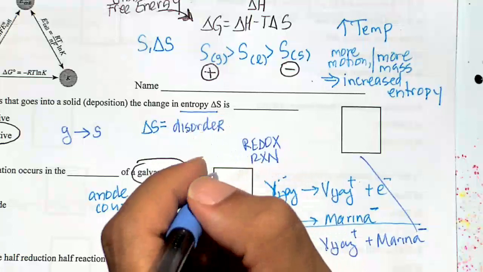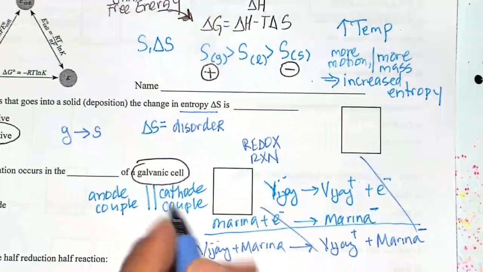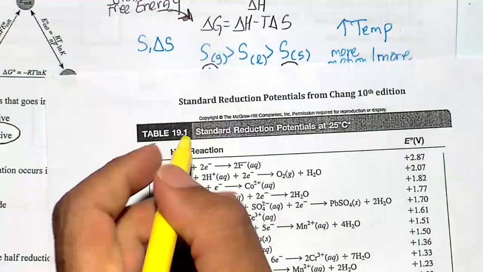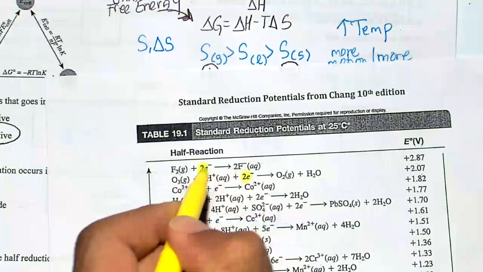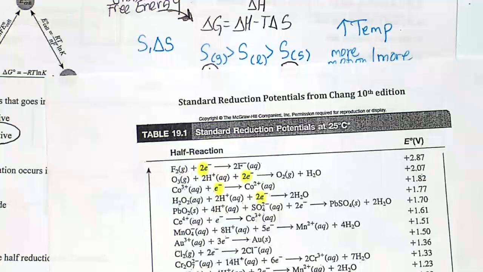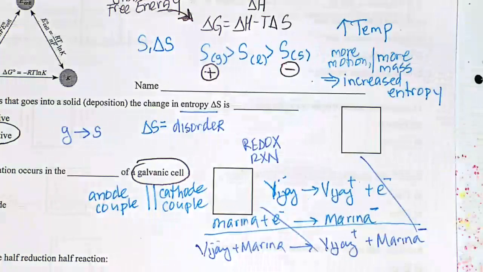Who gets reduced is whoever gains the electron. You notice all of these are gaining electrons. So that's the person that gets reduced. So who gets reduced here? It's going to be our classmate Marina. She gets reduced because she gained that one electron.